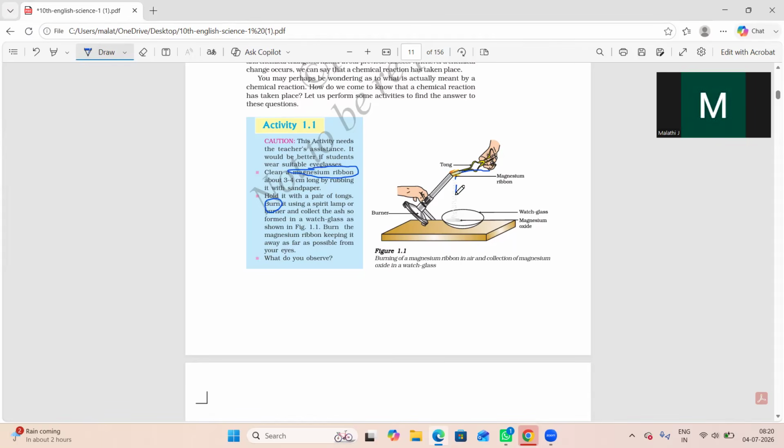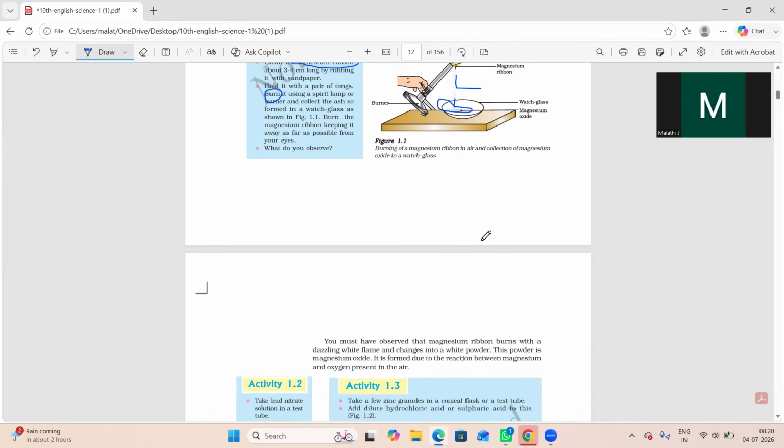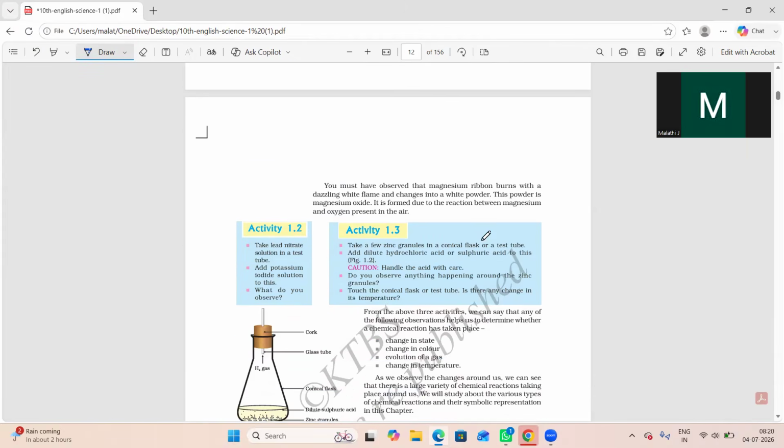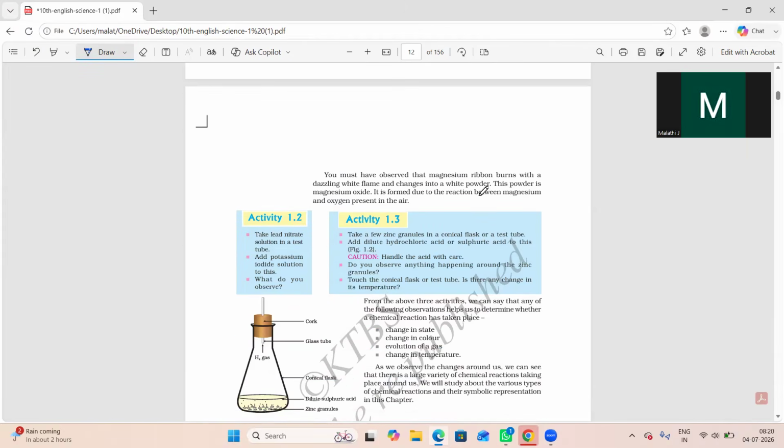What is happening? Here you get some white powder, which you should collect in a watch glass. This is called magnesium oxide. What is happening here is a chemical change.